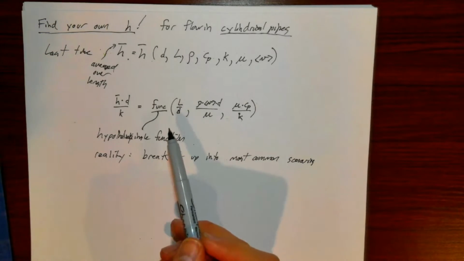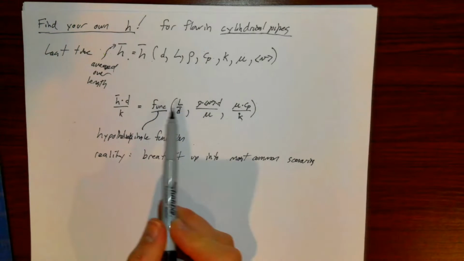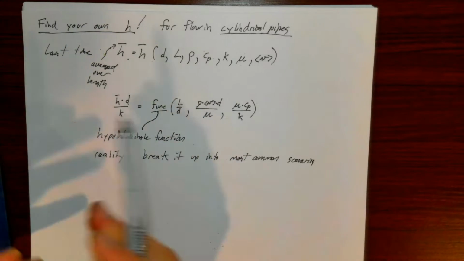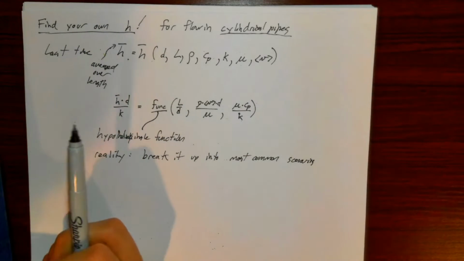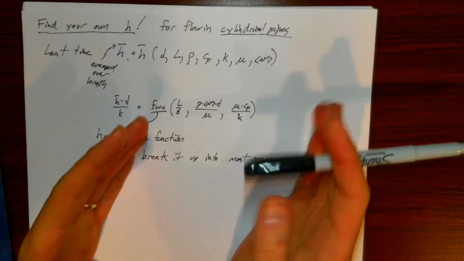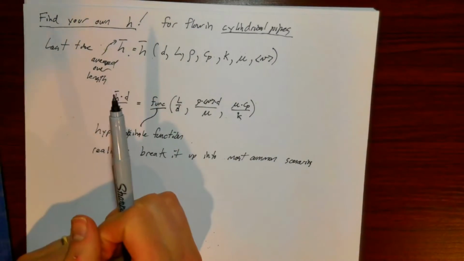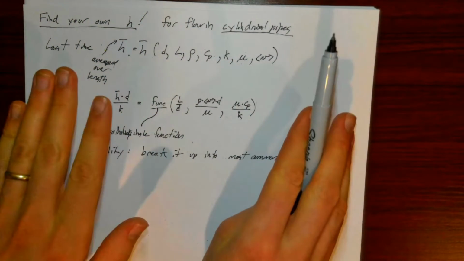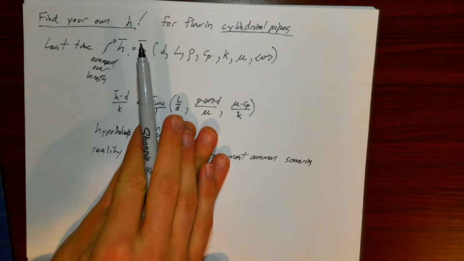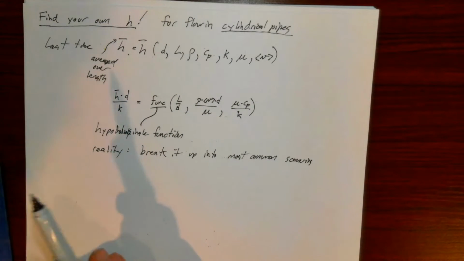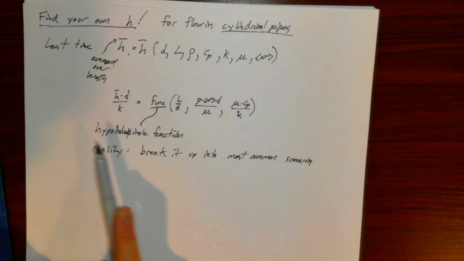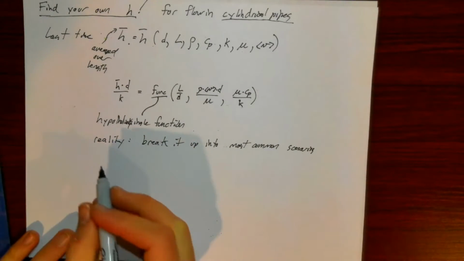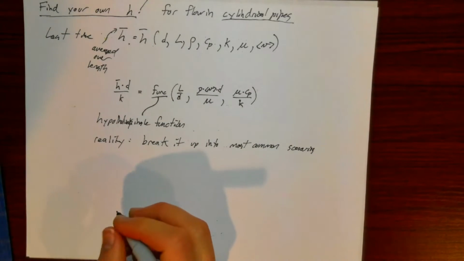For example, hypothetically, there's one function that describes this relationship, but in reality, it's easier to deal with one function that deals with laminar flow and one function that deals with turbulent flow, so we'll have 2 separate simple functions rather than one complicated function to try to bring it all together. And then there are a couple other criteria that will break it up.